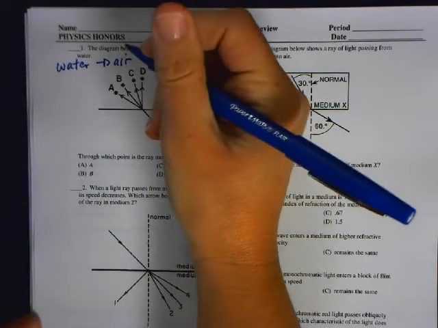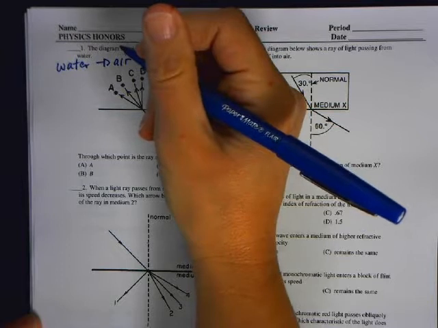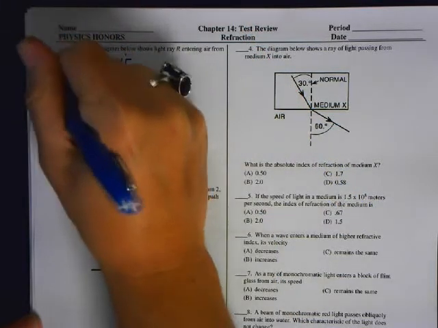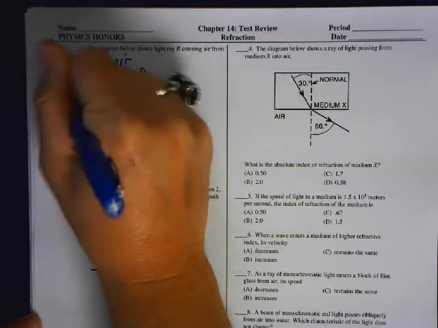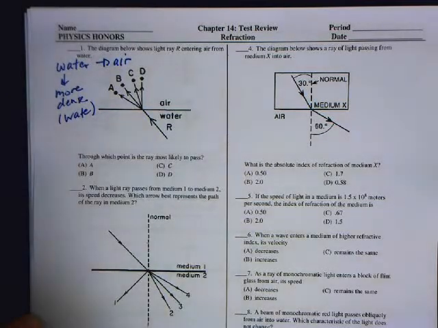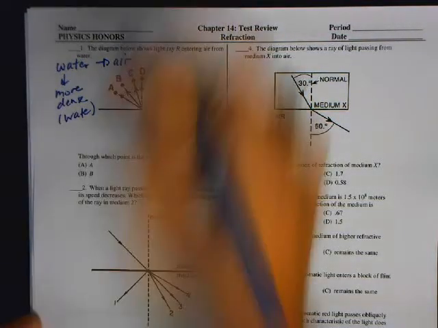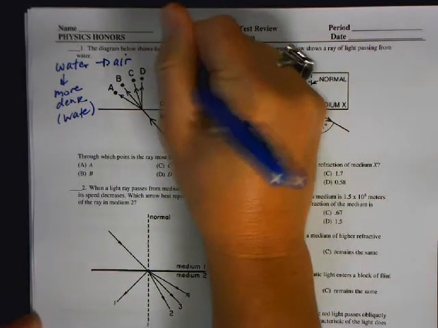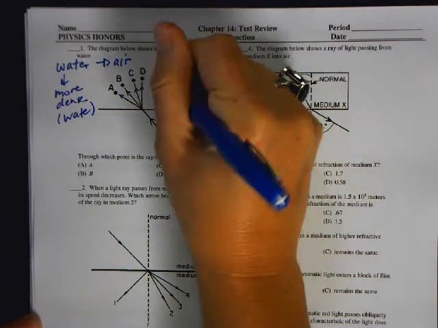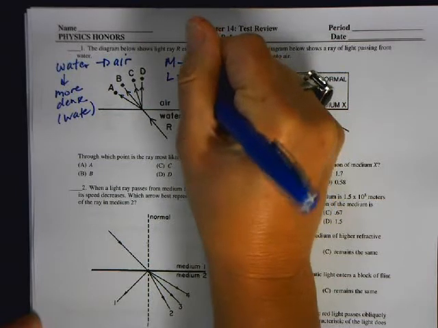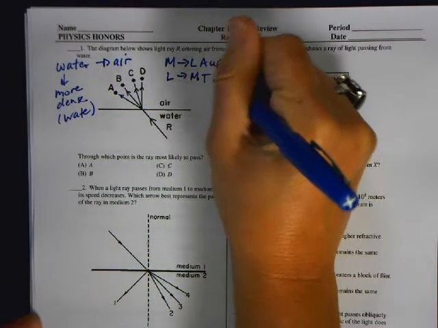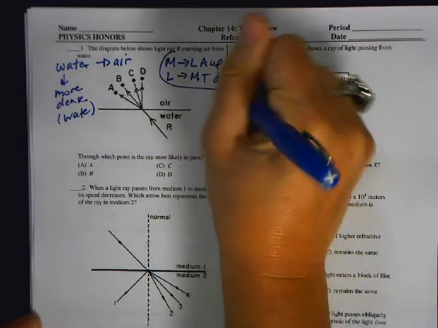So in this particular case, we're going from water, which is more dense, to air, which is less dense. Okay, so remember, what do we remember? We remember MLA up, and then the opposite would be LMT down. Again, this is what we're going to memorize.